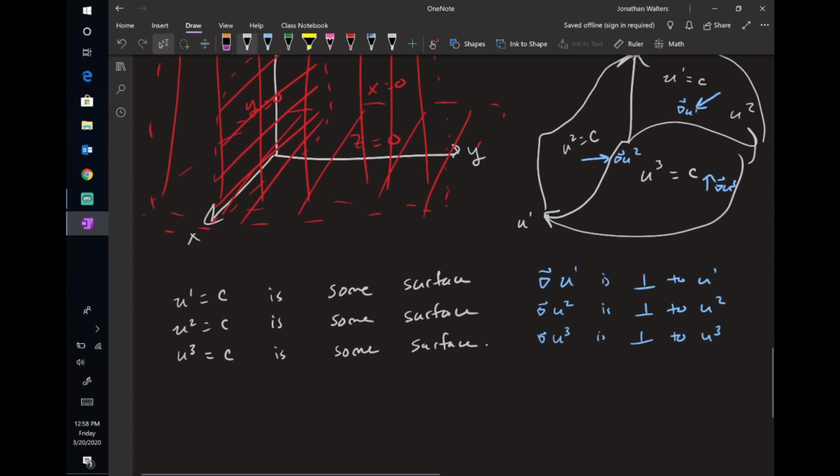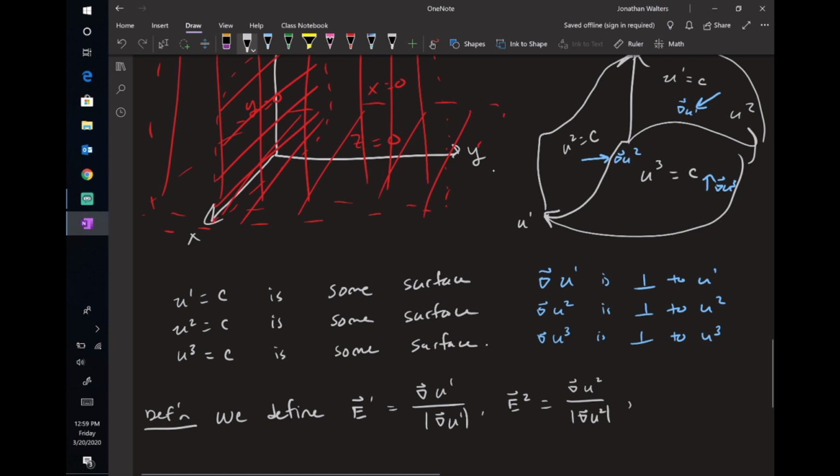So now, by definition, we define capital E1 as gradient of u1 over magnitude of gradient of u1. Capital E2 is gradient of u2 over magnitude of gradient of u2.